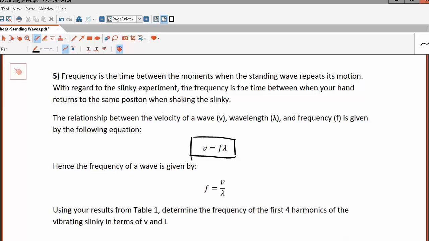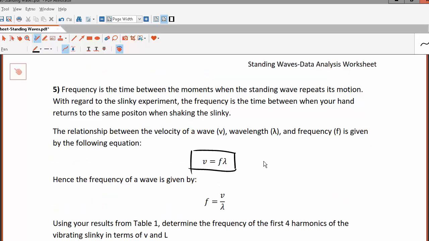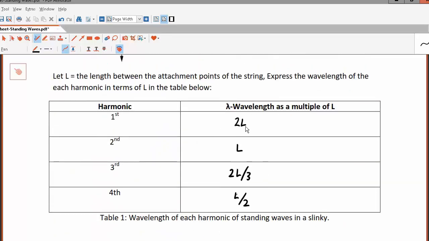By rearranging this equation, we can see that the frequency of the wave is going to equal v, the velocity, divided by lambda. So we know our lambda.